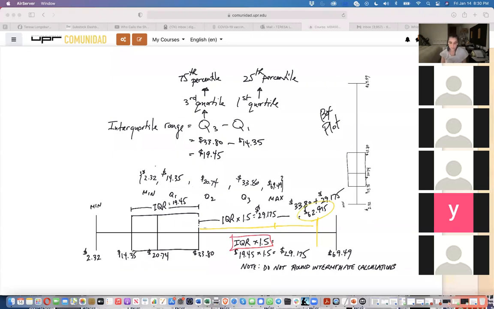So what is this value? This value is the threshold. Any values beyond 62.975 are outliers. That's the rule. Technically speaking, statistical outliers, not just observational anomalies.